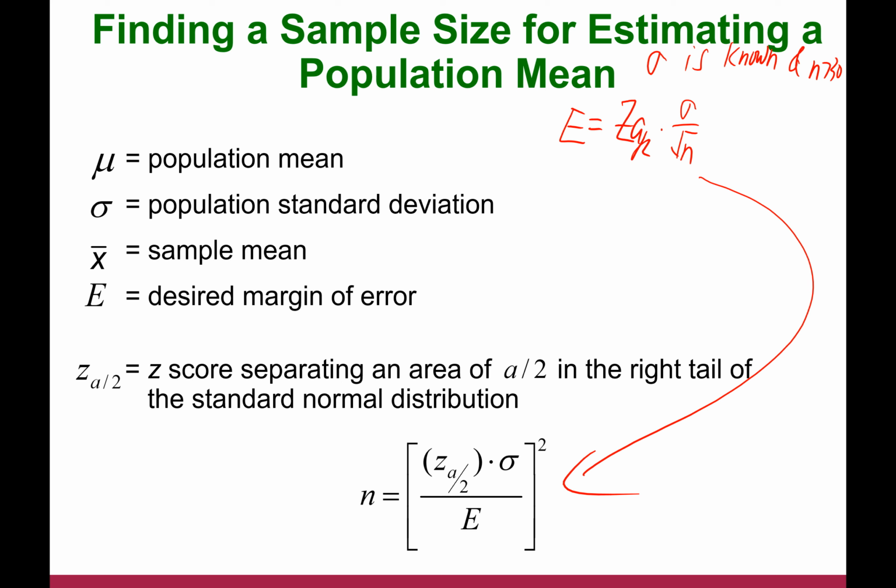Very similarly, you just square both sides of the equation. So we get E squared equal to critical z-score squared times sigma squared over n.